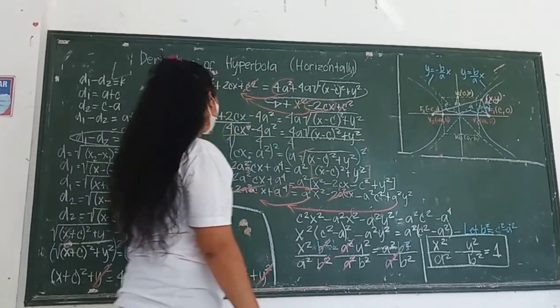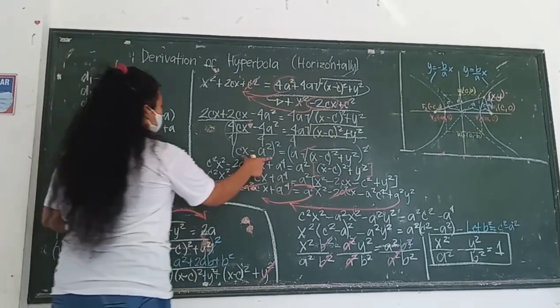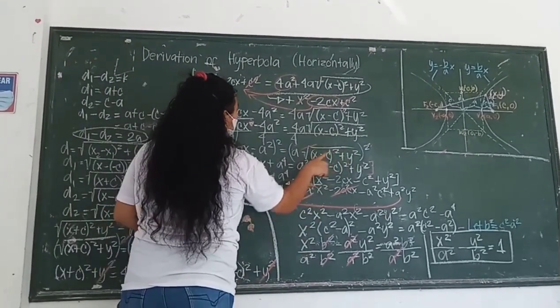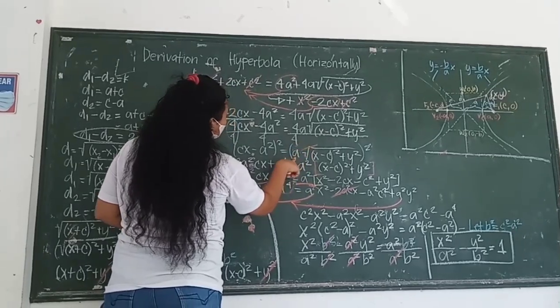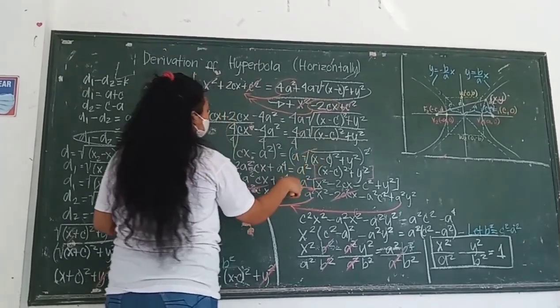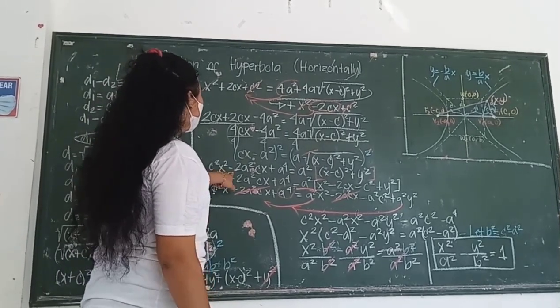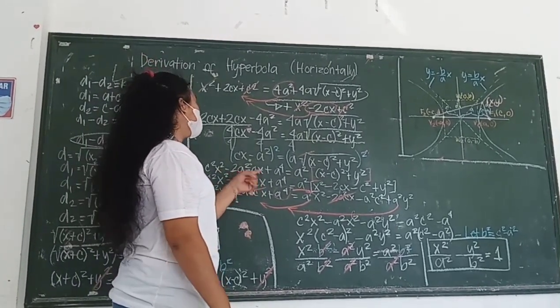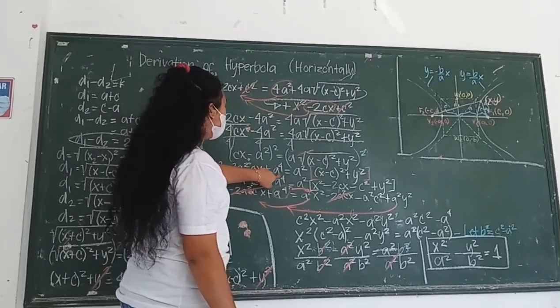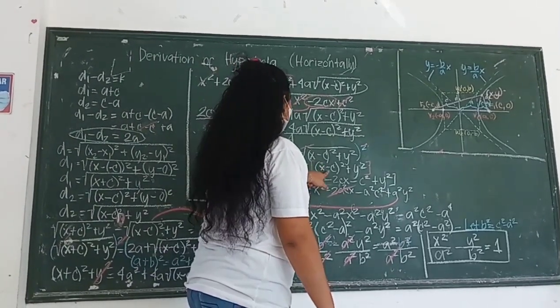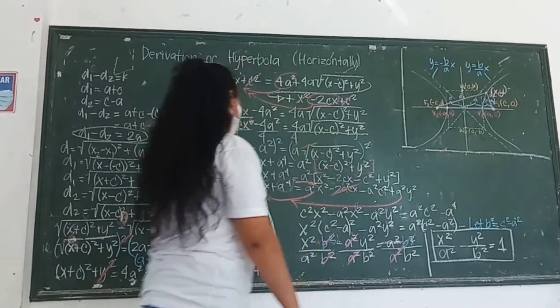I have written it in an expanded form, and we square this one, and this will remove the radical sign. So c squared x squared minus 2a squared cx plus a to the fourth power, and a squared times the quantity x minus c squared plus y squared.